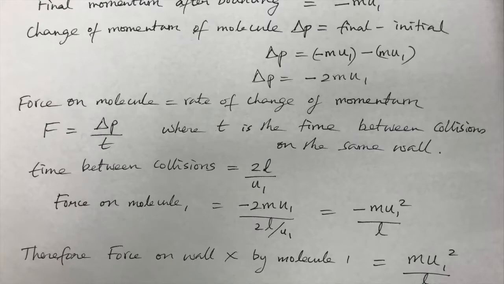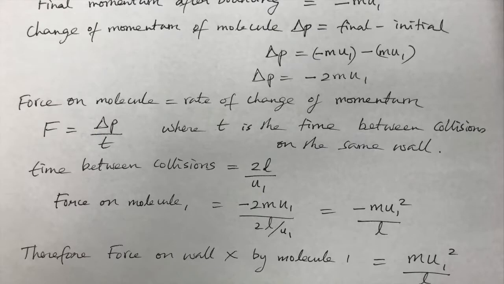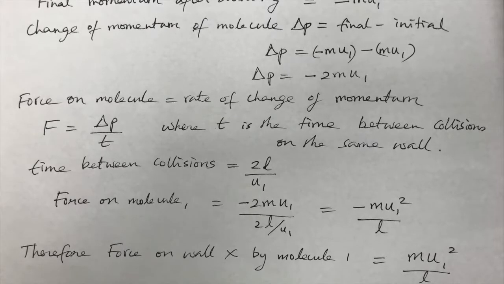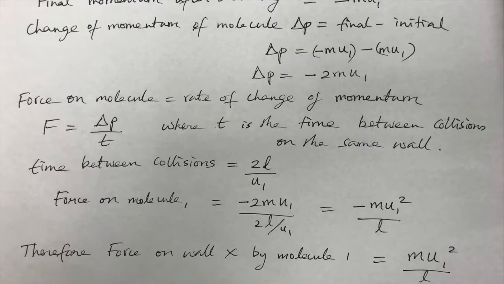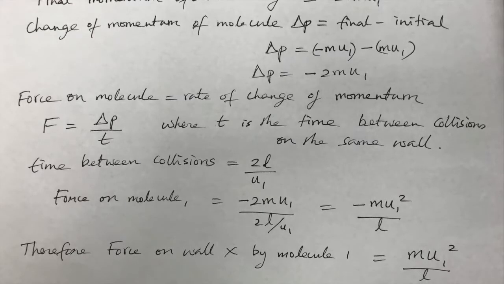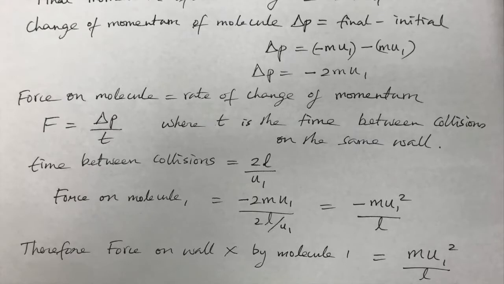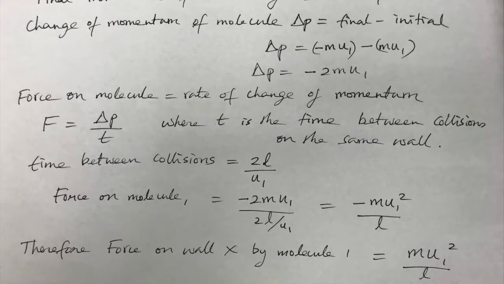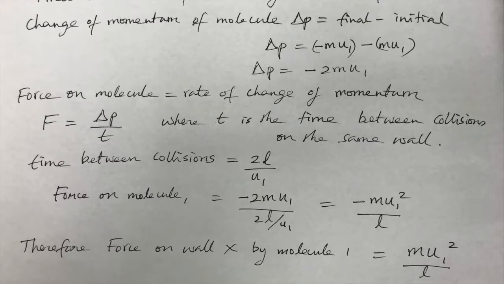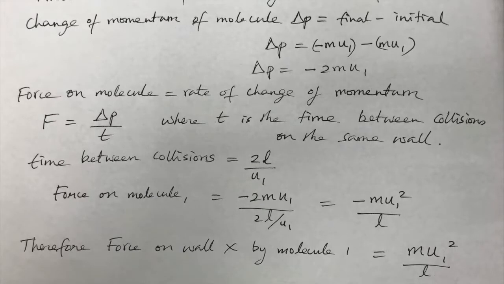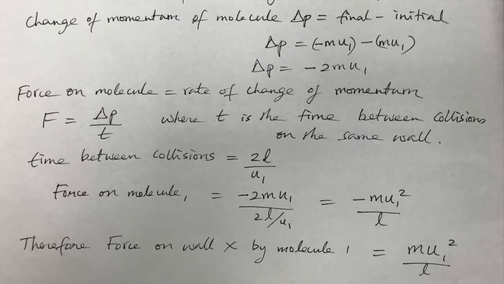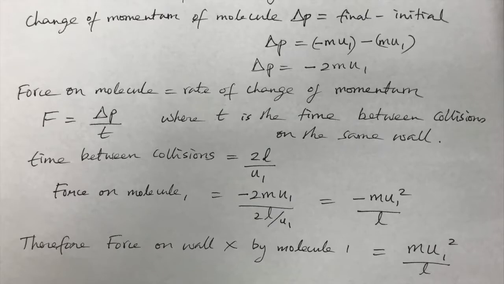Okay, here we go. This is the X wall. This is the minus X wall. This is the other wall. Think of this classroom wall. After one collision there, it goes, hits the other wall, comes back again, and hits again. After how long is it hitting again? The time is my question.